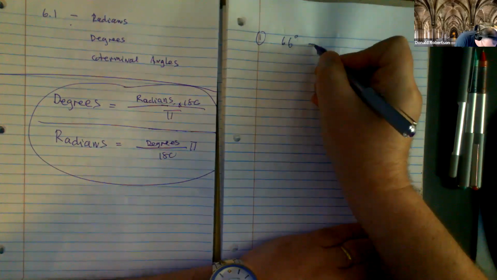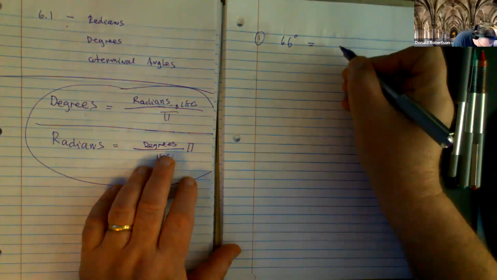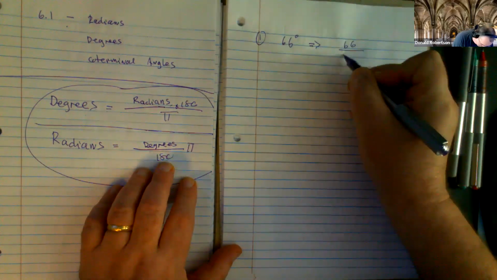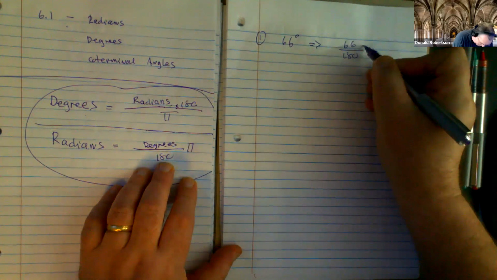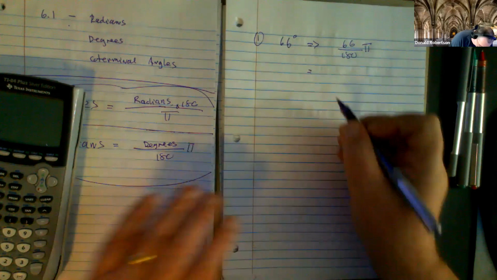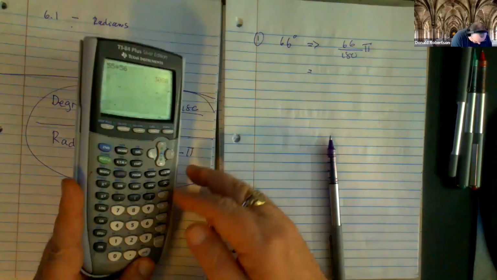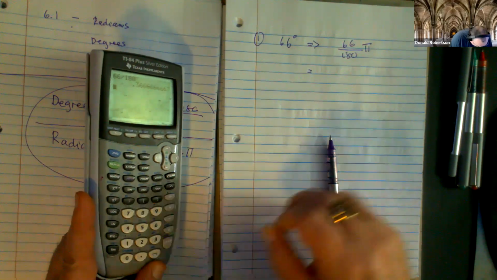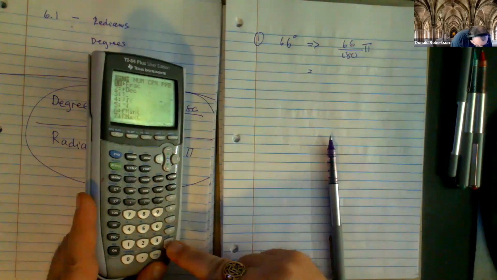66 degrees is going to get turned into radians. So 66 degrees is 66 over 180 pi. If they want the answer as an exact value, then I would do 66 divided by 180 and then hit the math button choice 1.